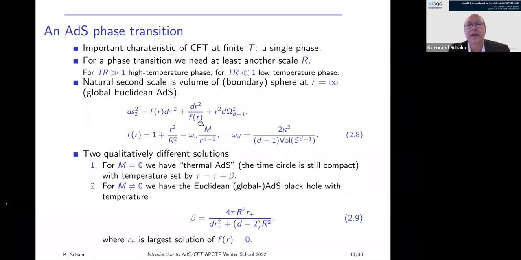This is the solution. This is the global ADS black hole, where now this blackening factor, or the warp factor, has a slightly different form than before, where this omega d is this combination, which is expressed in terms of the volume of the boundary sphere in d-1 dimensions.